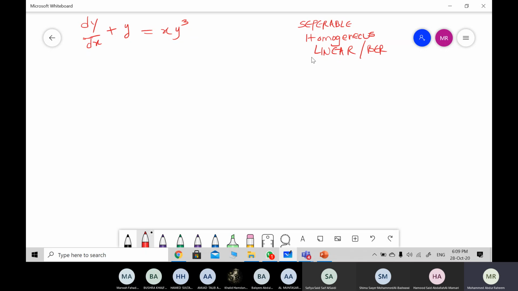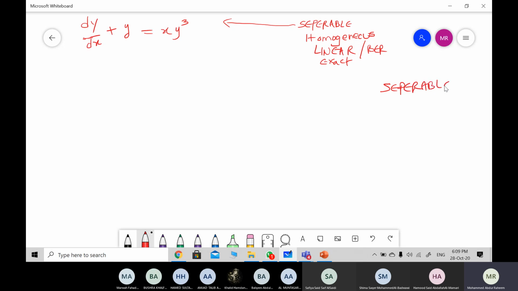One we forgot, that is exact. Like that. Now we need to decide which type of equation. Is it separable? No. So linear. Further, we should have these standard forms in our mind. That's why it's a problem. What is the separable standard form?